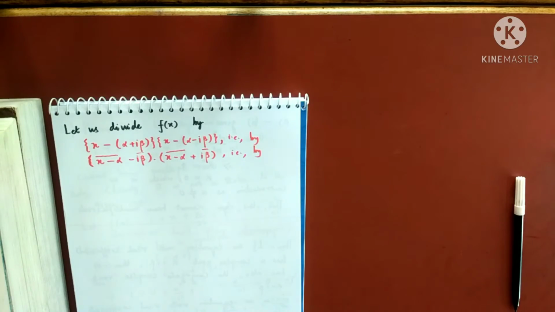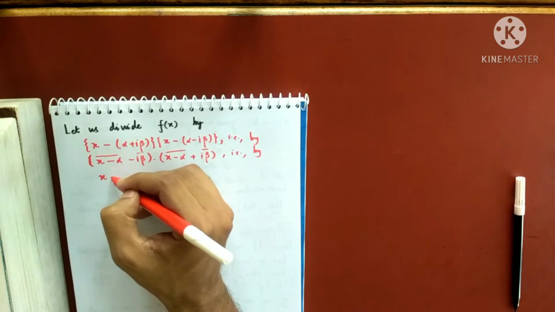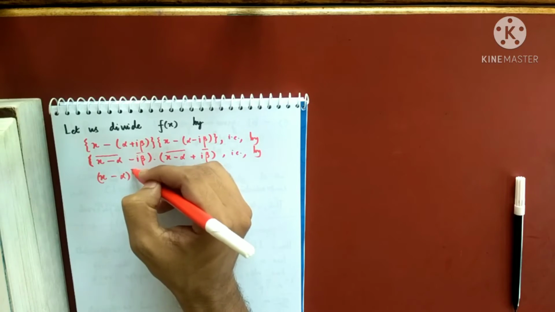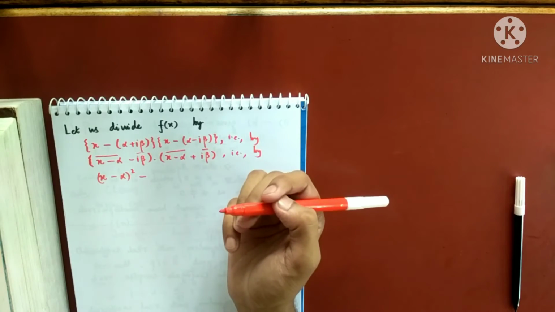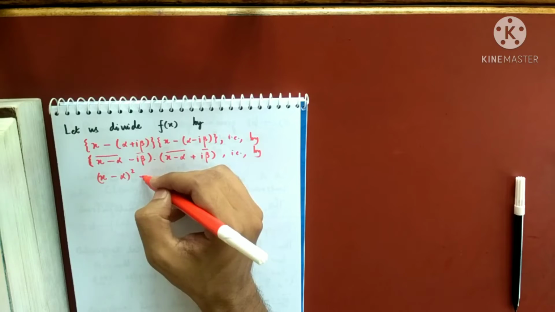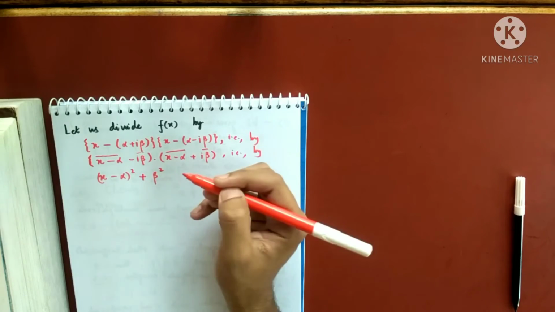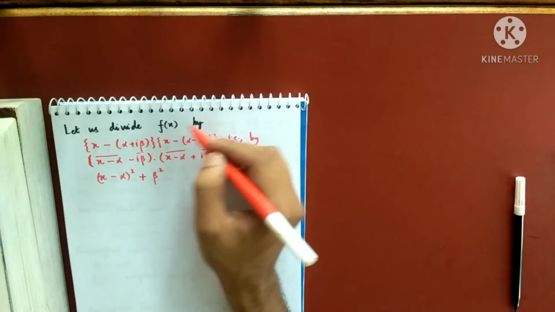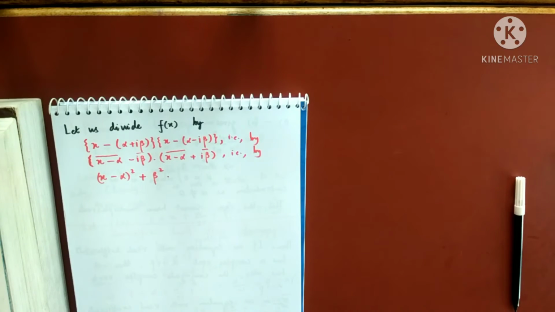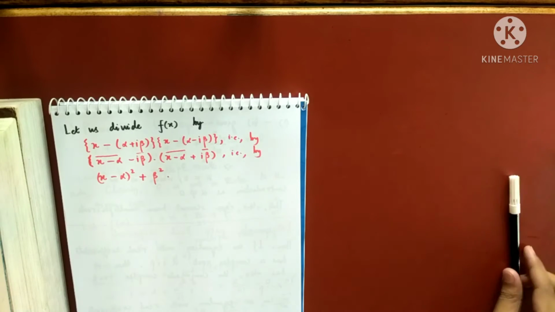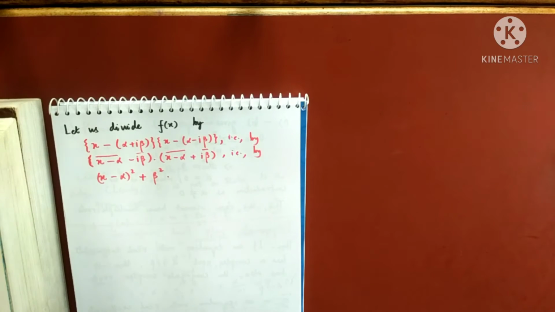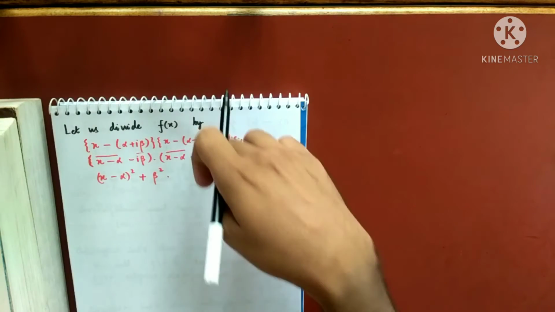So this is (a minus b)(a plus b), which is a squared minus b squared. What is b squared? i squared beta squared, which will become plus beta squared. So I will divide f(x) by this polynomial of degree 2.